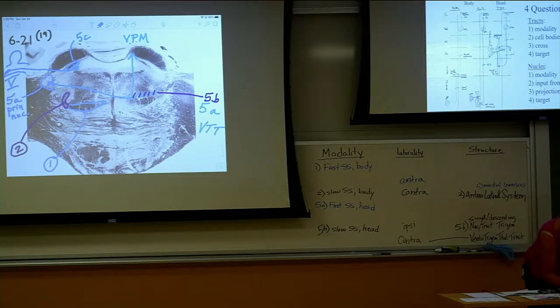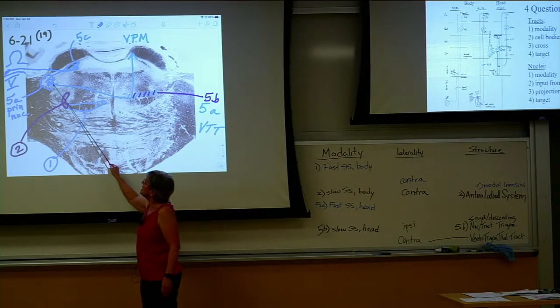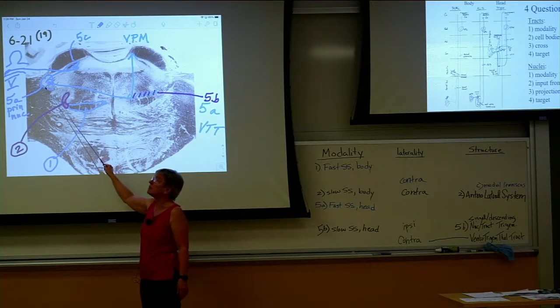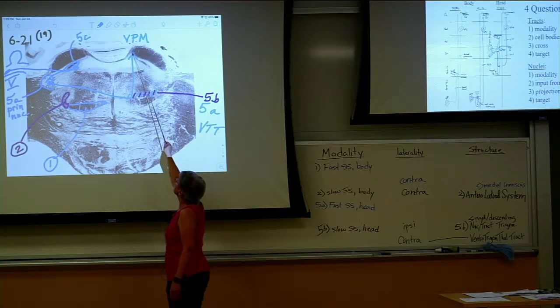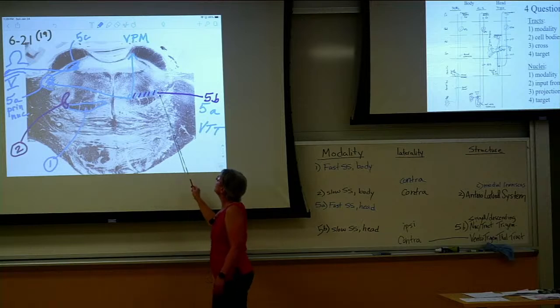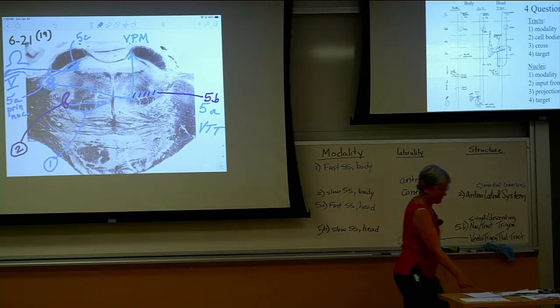Then that axon is going to come and make a synapse right here in the principal nucleus, just like all the rest of fast somatosensory information. And then that higher order neuron will cross the midline and ascend to VPM, going through the ventrotrigeminothalamic tract.